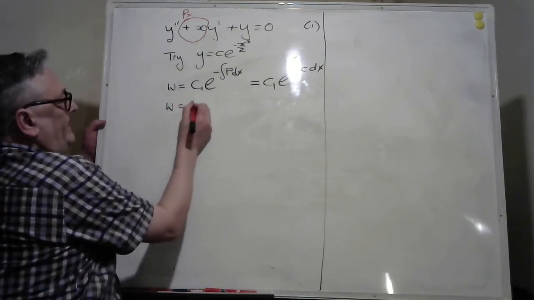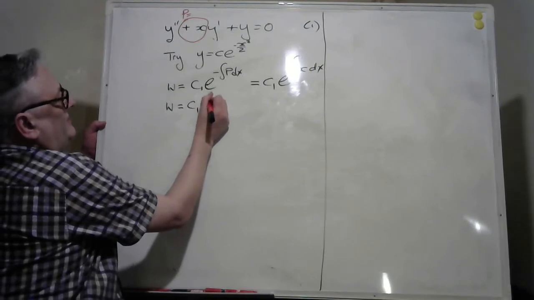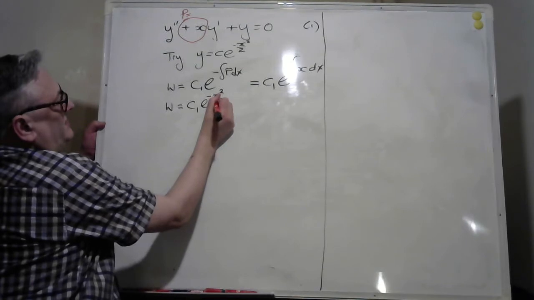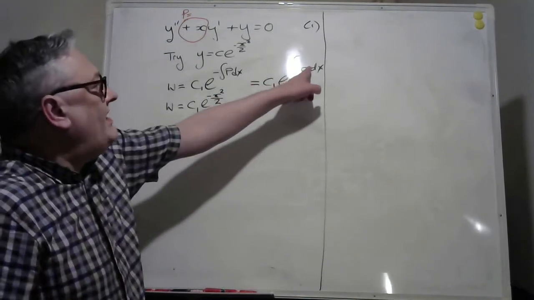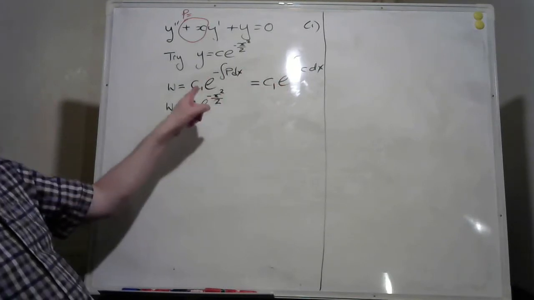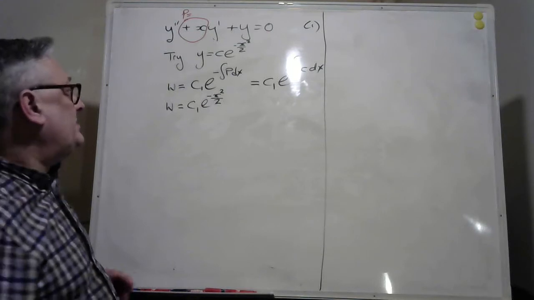So the Wronskian is equal to C1 e to the minus x squared over 2. So you just integrate x, you get x squared over 2, and the minus sign just stays where it is. So it's C1 e to the minus x squared over 2.